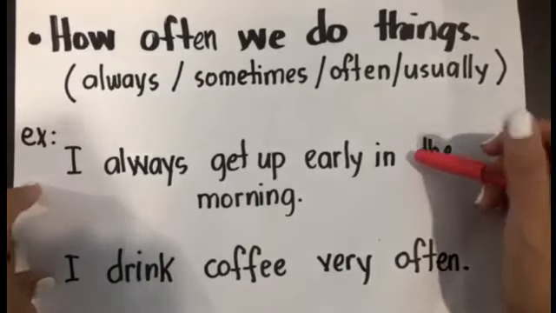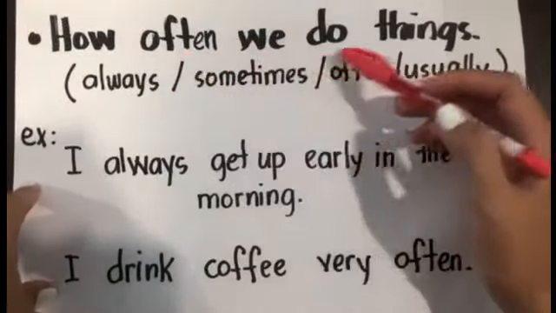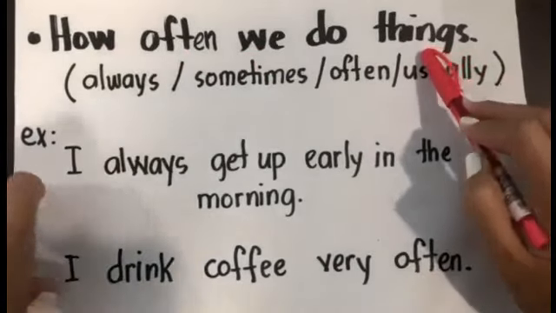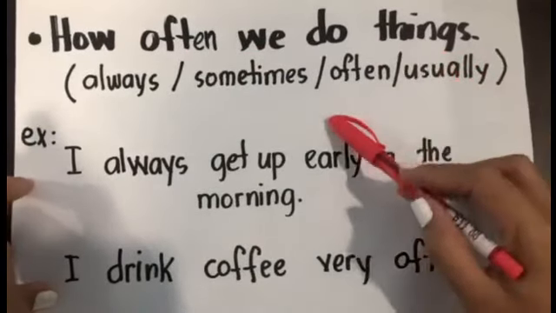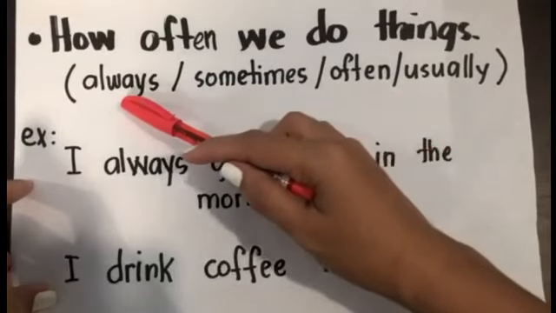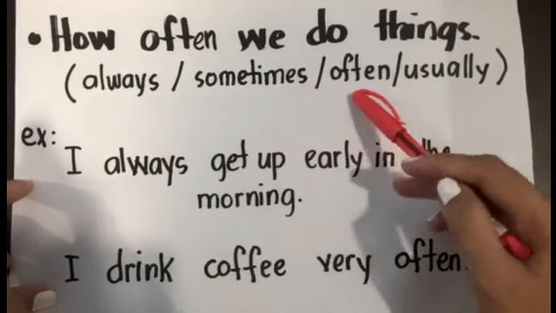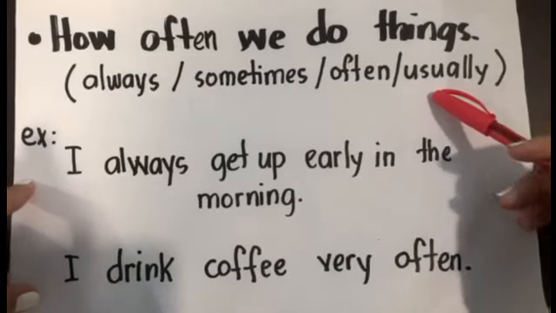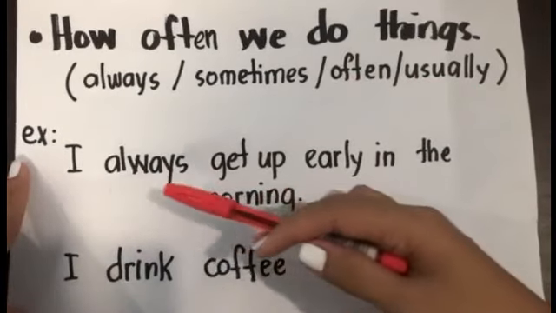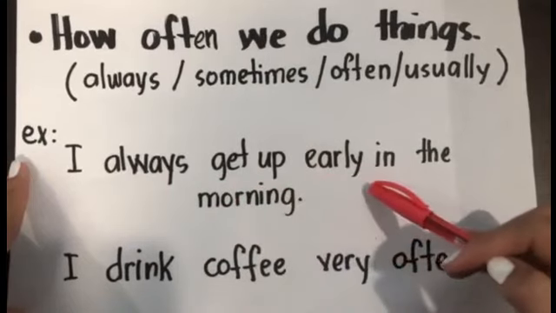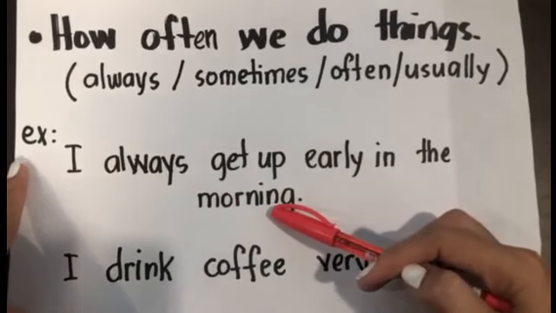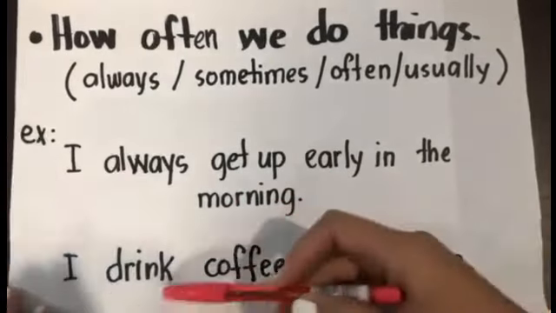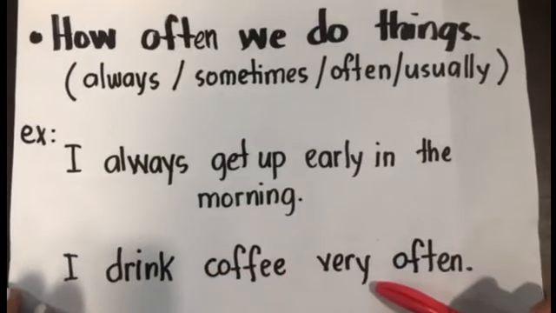Now, when we talk about how often we do things, just like when we use the adverb of time, like always, sometimes, often, and usually, we use simple present. For example, I always get up early in the morning. Next, I drink coffee very often.